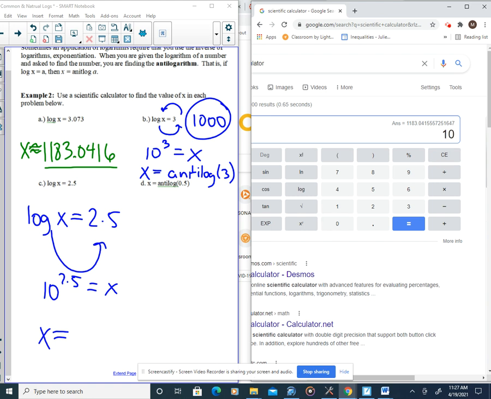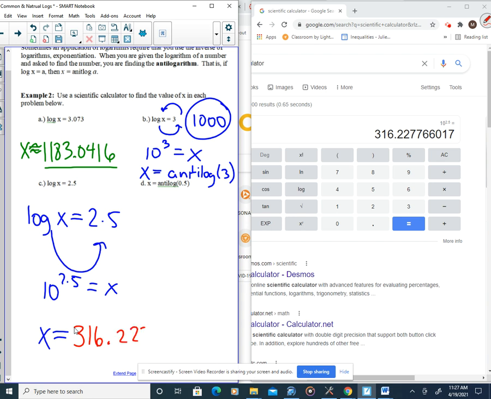Type in 10, hit our x to the y power, type in 2.5, it equals. Round to your 4 decimal places, so it's 316.2278.